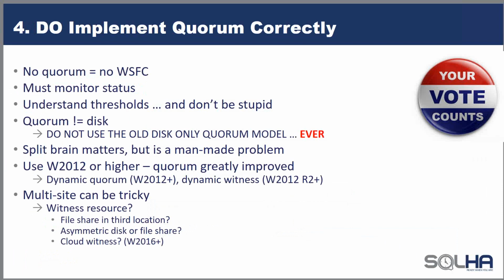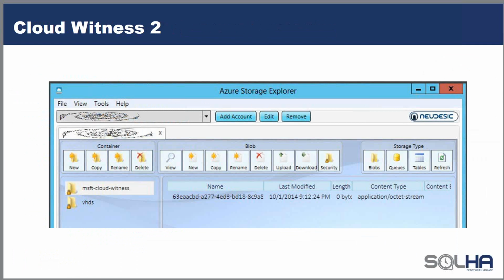But the nice thing about cloud witness, which unfortunately is Windows Server 2016 and above, is that it's just a blob that, as you can see there, is like 0 bytes. So you can get this done relatively easily with pretty much no cost as long as you have an external connection.